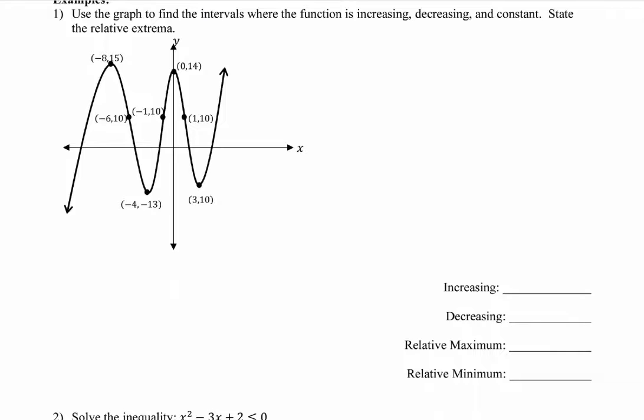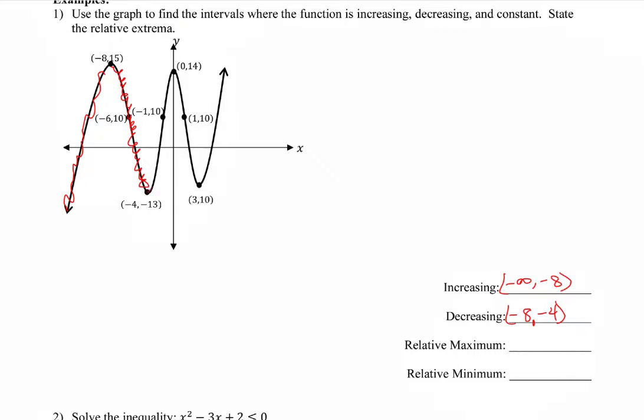So I'm increasing from negative infinity to negative 8. Then I'm decreasing from negative 8 to negative 4.